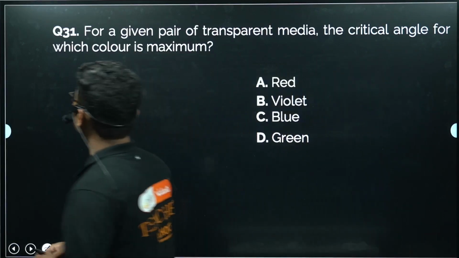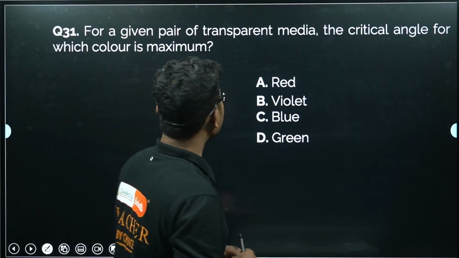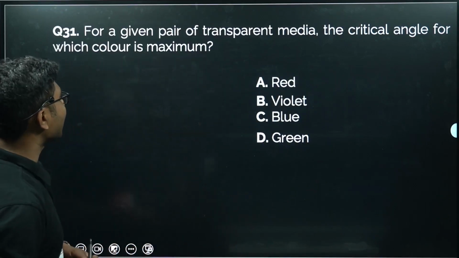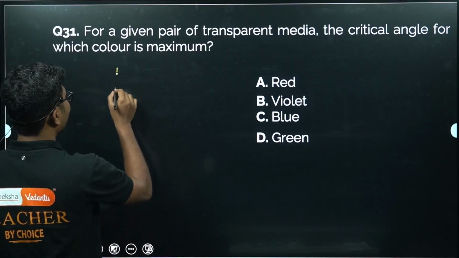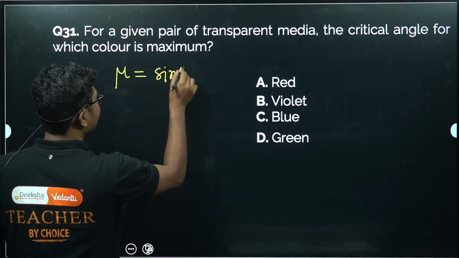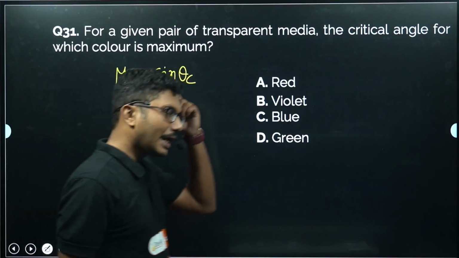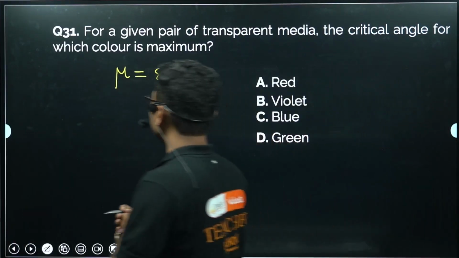So question number 31, for a given pair of transparent media, the critical angle for which color is maximum? We know that for critical angle theta c, the refractive index of the medium is given by 1 by sin theta c, right? So mu, that is refractive index, is given by 1 by sin theta c.